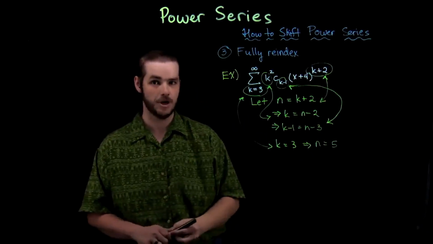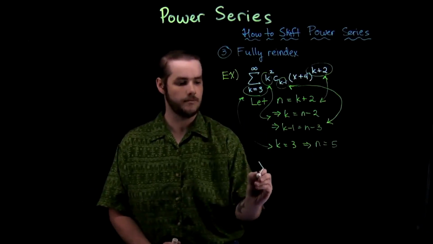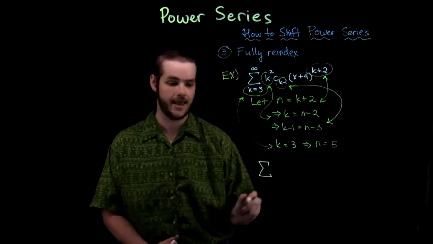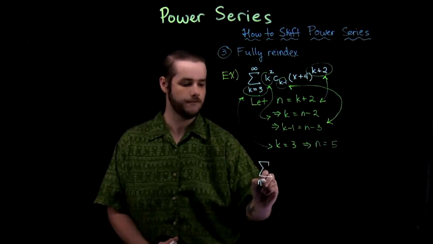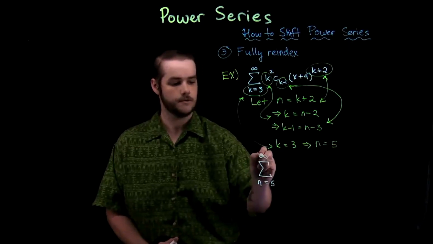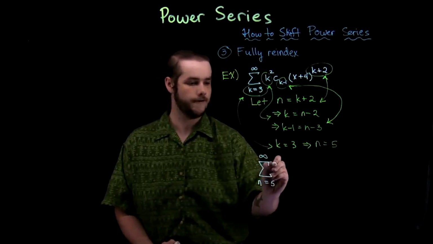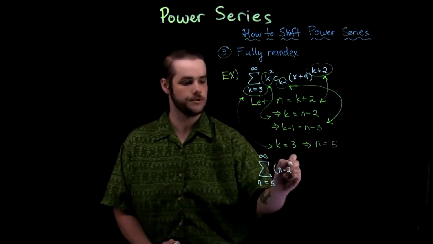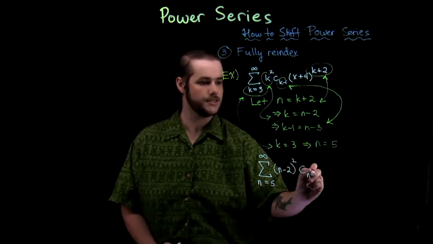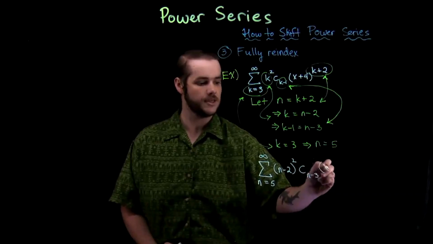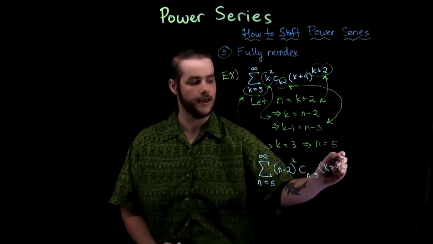And so at the end of the day, when I rewrite my power series, I'm now writing it in terms of the index n, not k. And I know I should start from 5. I should have n minus 2 squared. I should have c n minus 3 times x plus 4 to the n power.